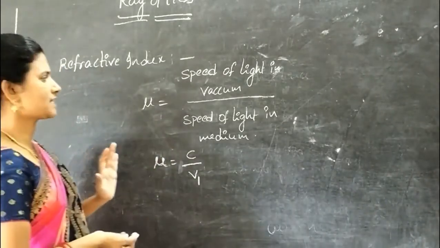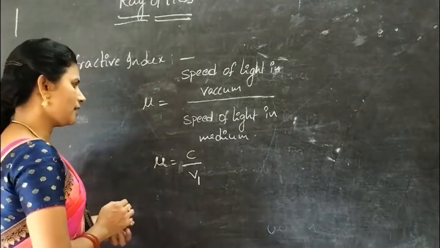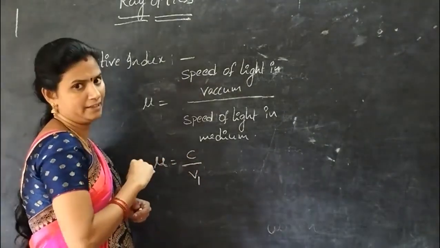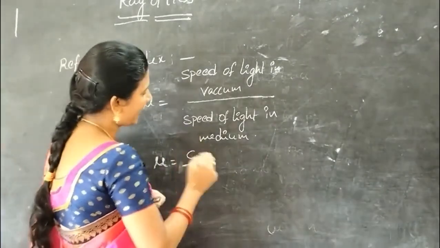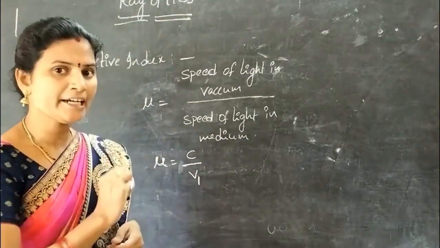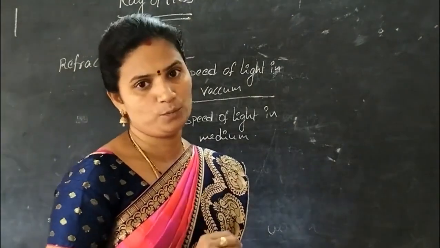Let us consider an air medium and a water medium. In the air medium the velocity is v1, and in the water medium the velocity is v2.